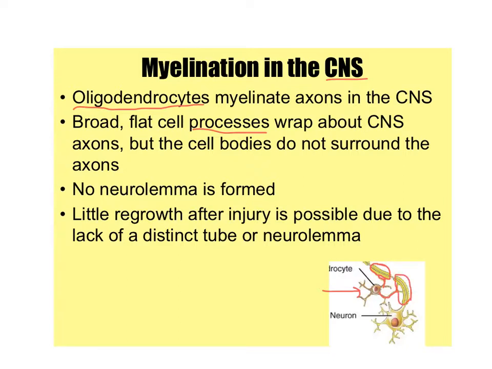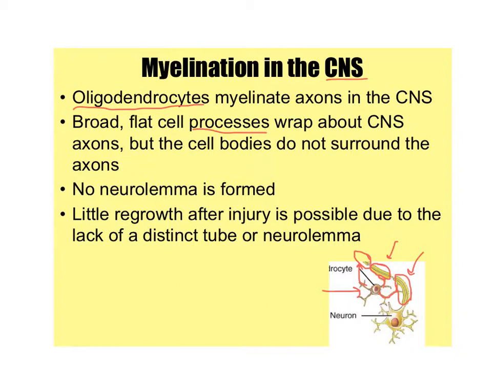Remember, Schwann cells cannot do that. Each one of these in the PNS would be an individual Schwann cell, where oligodendrocytes can reach out with their processes and myelinate several different parts of the axon or different axons on different neurons.